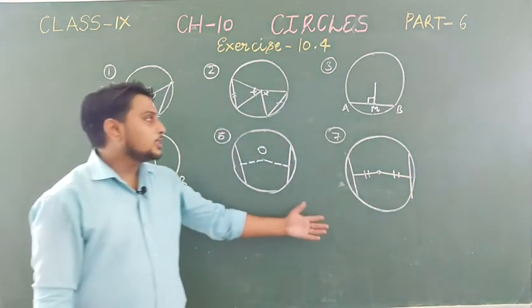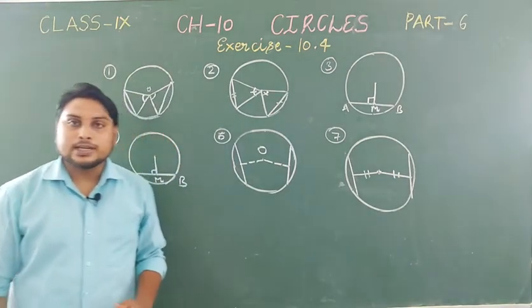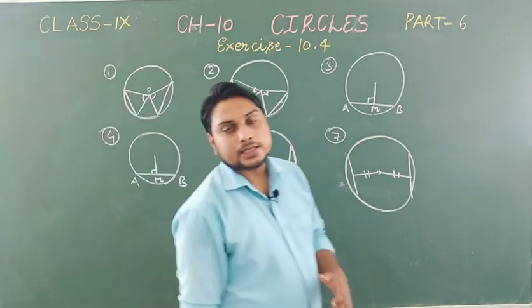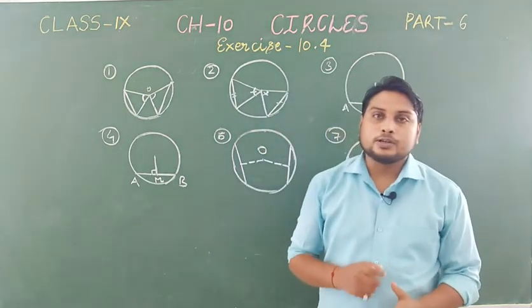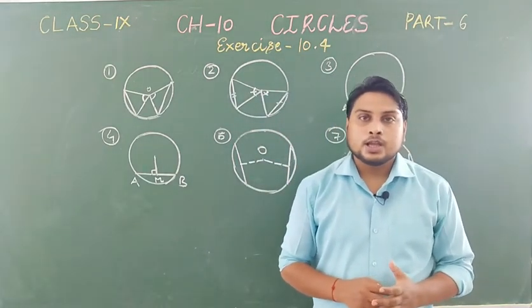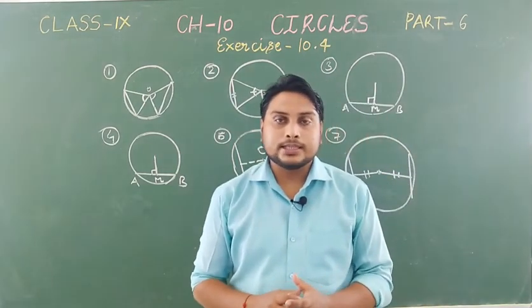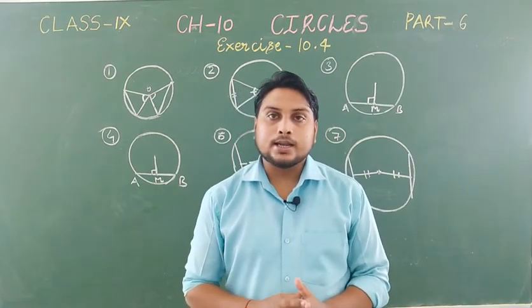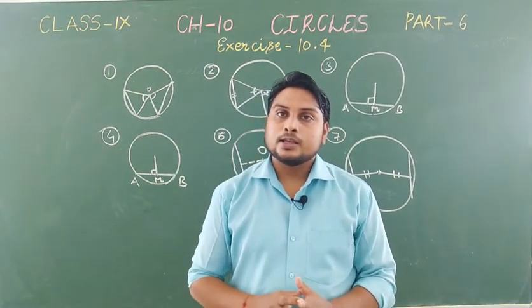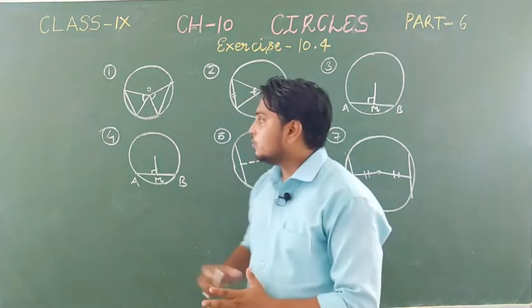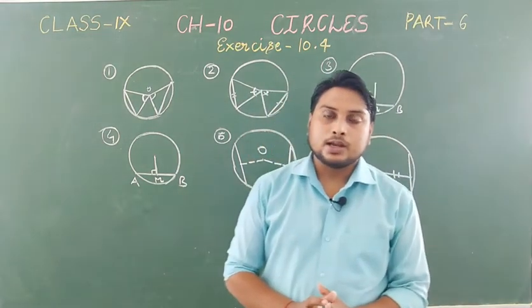So a total of 6 results till now we have studied, and we have solved 3 exercises, exercises 10.1, 10.2 and 10.3. Today, students, we are going to see the questions of exercise 10.4. That is why I have revised the results we have till now.